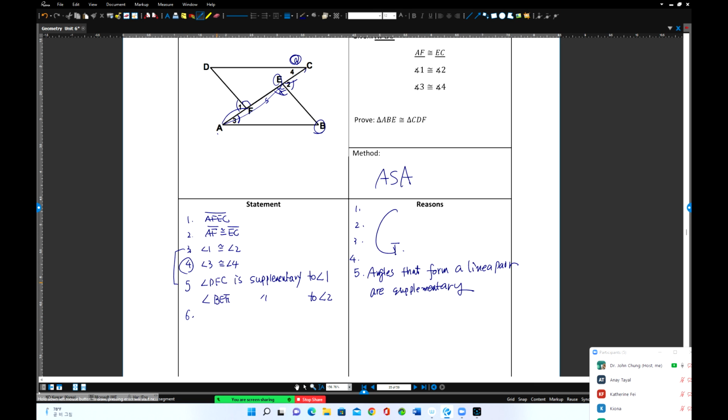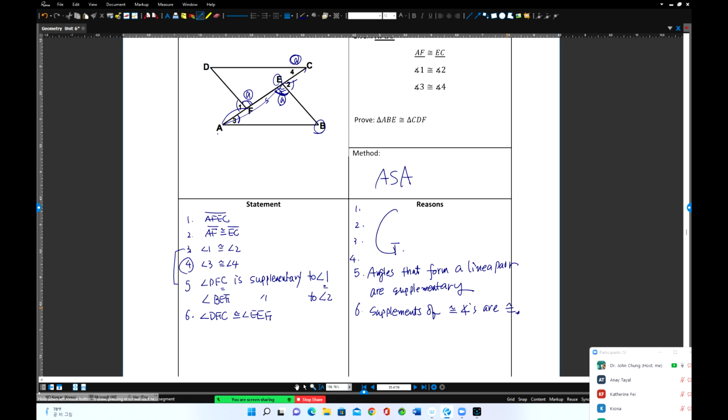From here we can say these two angles are congruent, because they are supplements. Triangle DFC congruent to triangle BEF. So these two angles are now congruent, we are done, okay? The reason is: supplements of congruent angles are congruent.